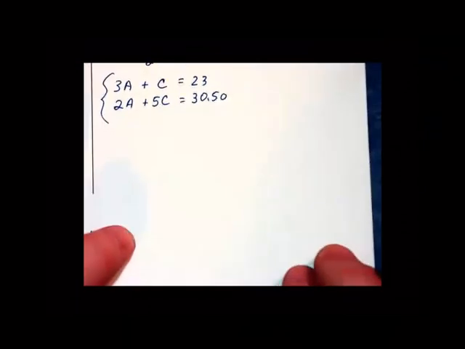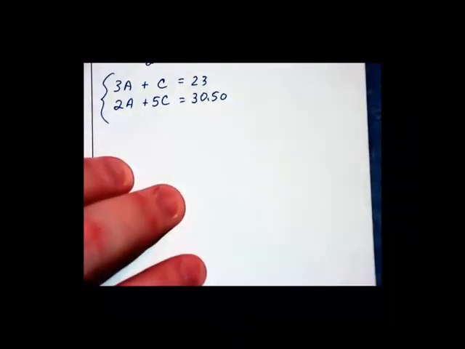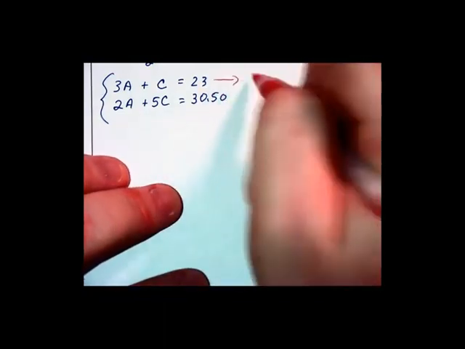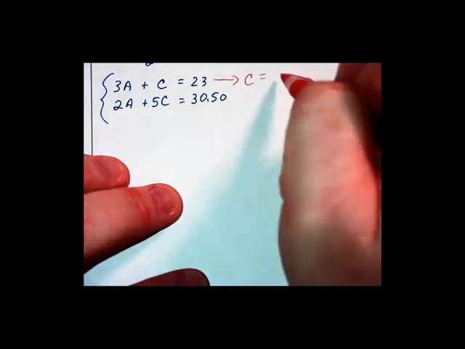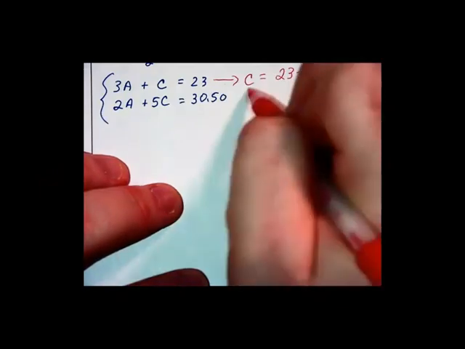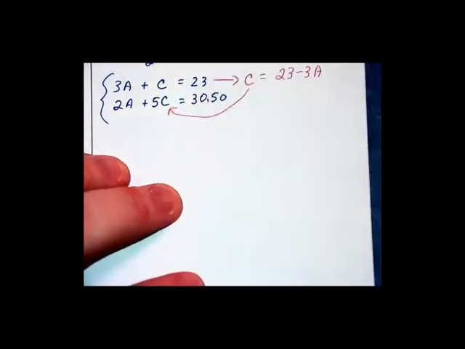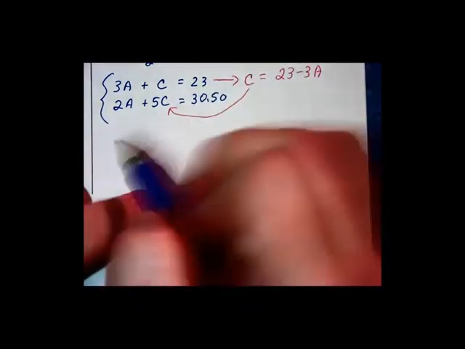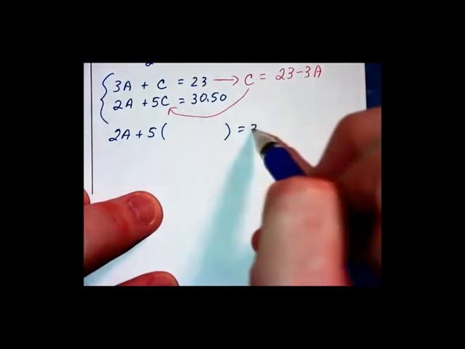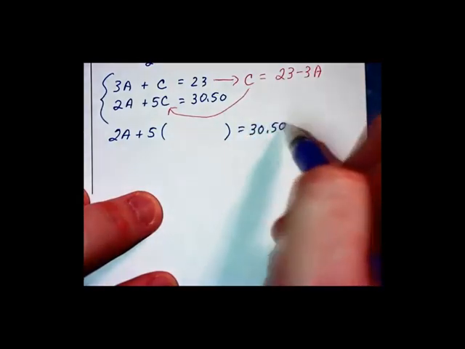Now that we've got it all kind of lined up, we can either use substitution or elimination. I'm going to do something different this time. I'm going to say C is equal to 23 minus 3a and substitute C into the other equation. That other equation becomes 2a plus 5 input of C equals $30.50.